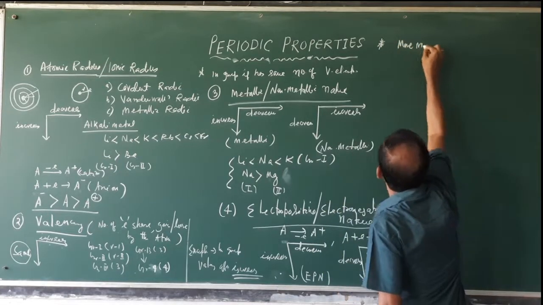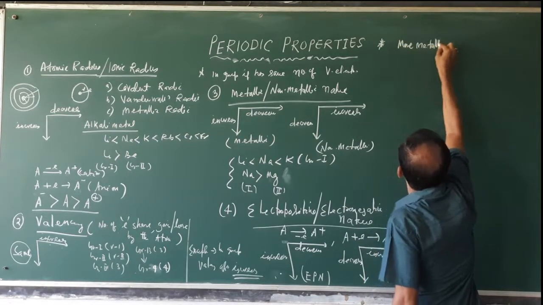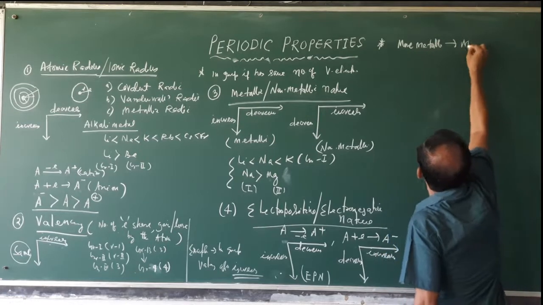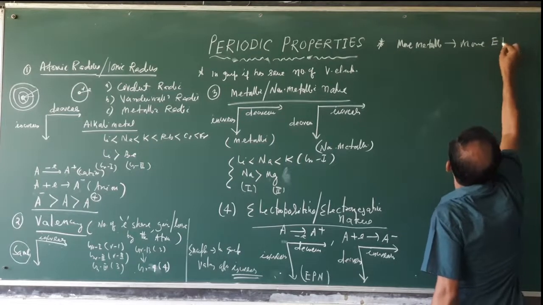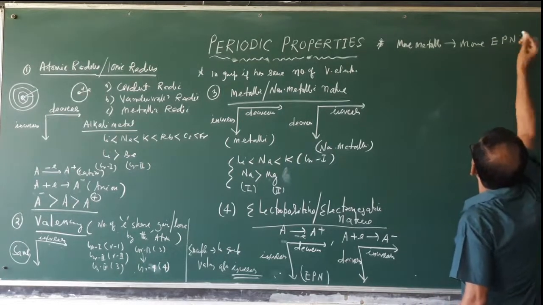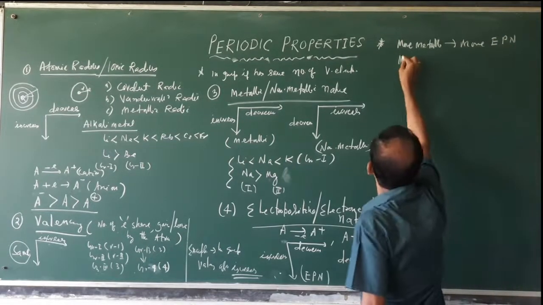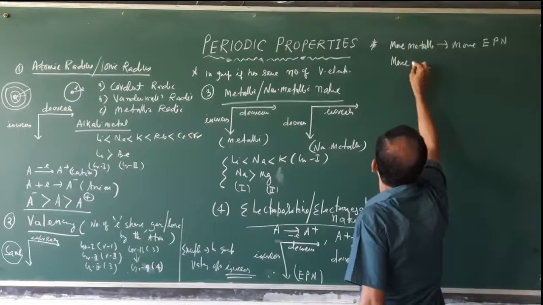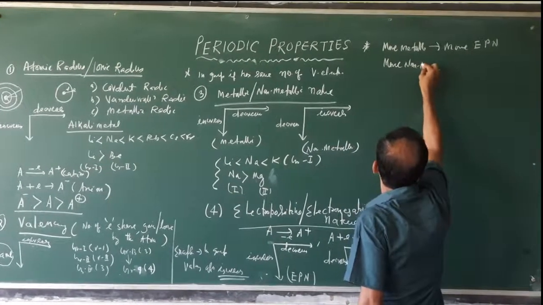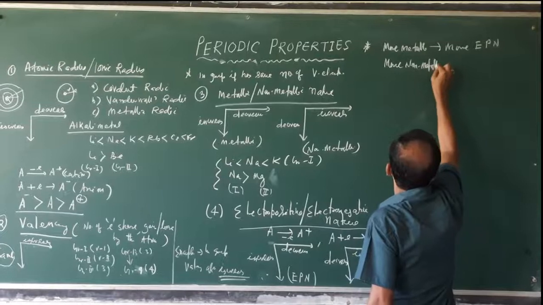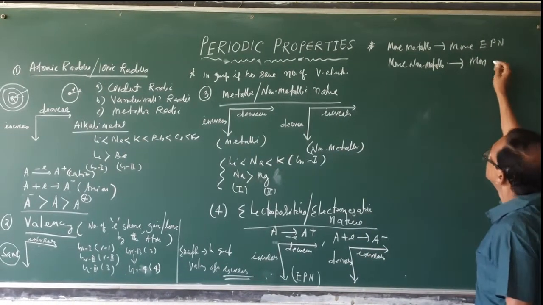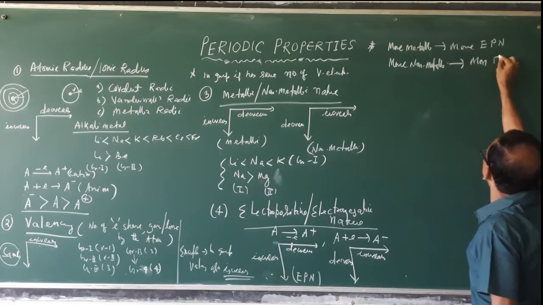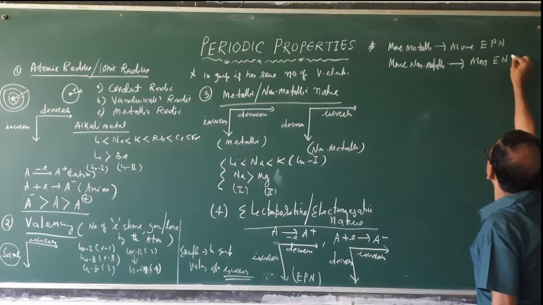More metallic means more electropositive nature. More non-metallic means more electronegative nature.